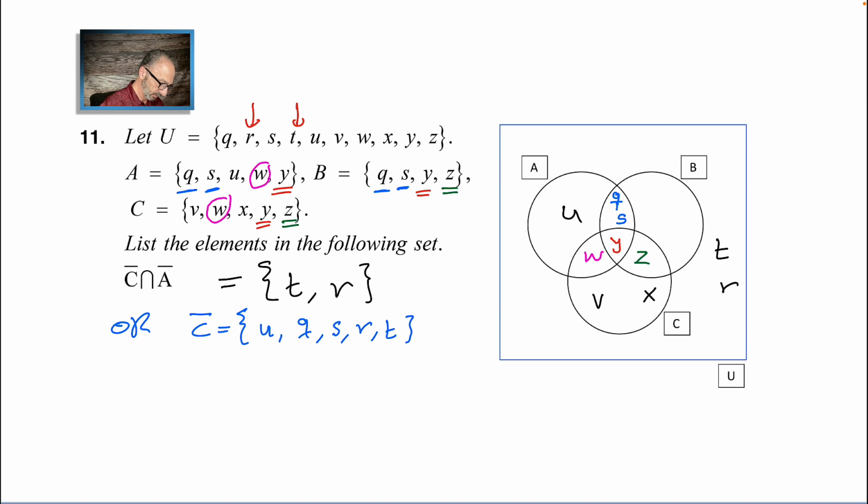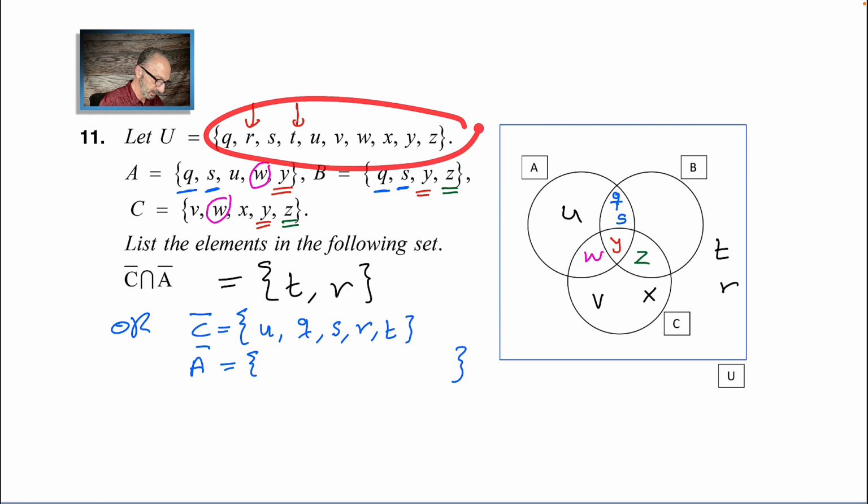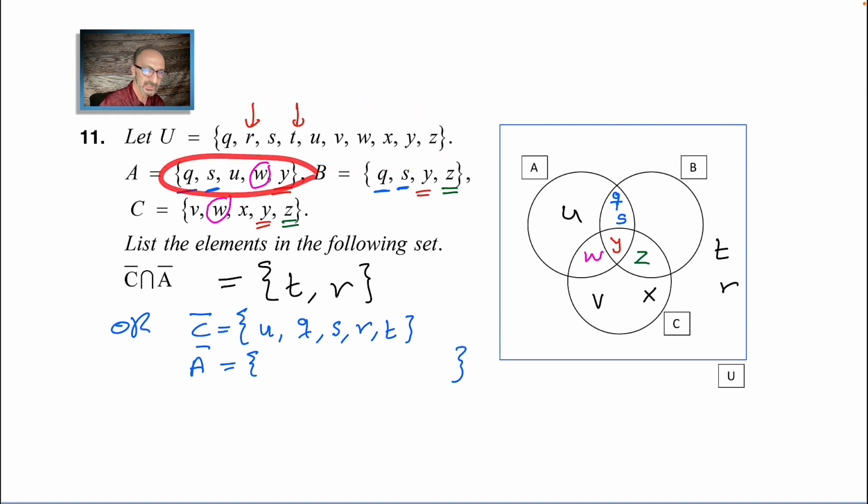A complement, if you take your time, trying to go a little bit quick but show you more concepts, is everything outside A. So looking at A right here, Q, S, U, W, Y, and looking at the universe right here, you want to look at everything here but not these elements.